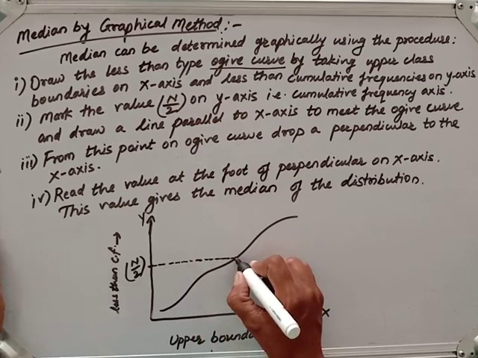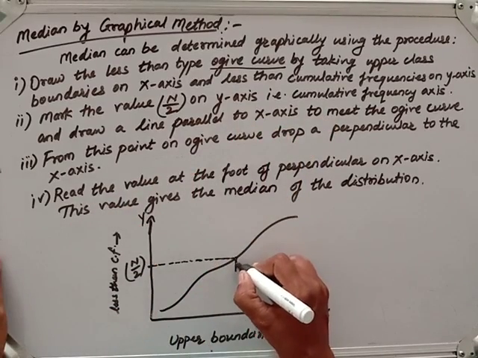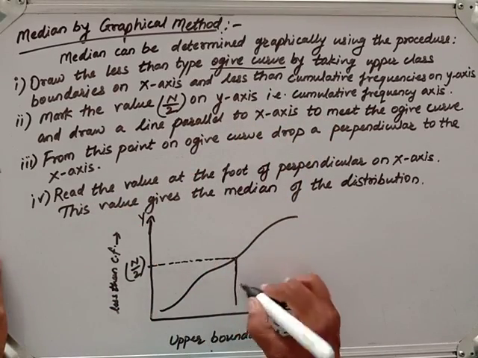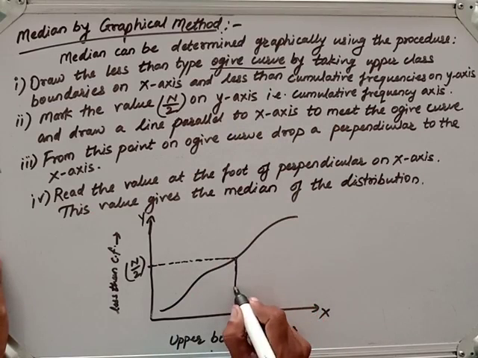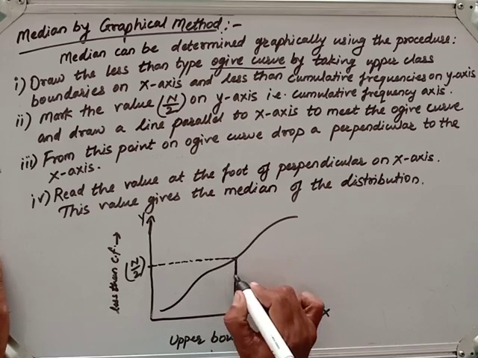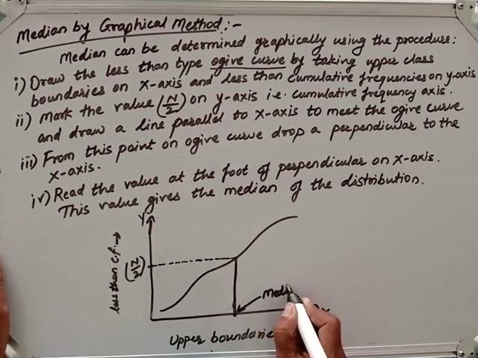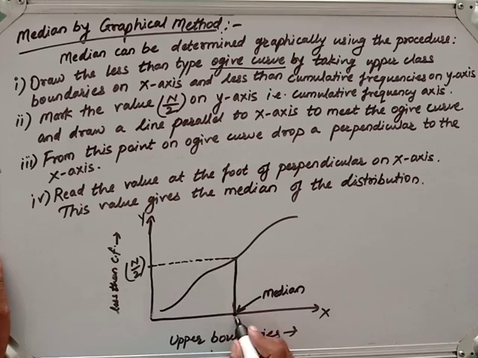Now from that intersection point, we have to draw a perpendicular on x-axis, and where this perpendicular meets, this point is our median.